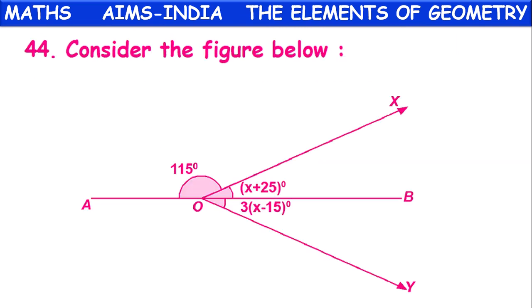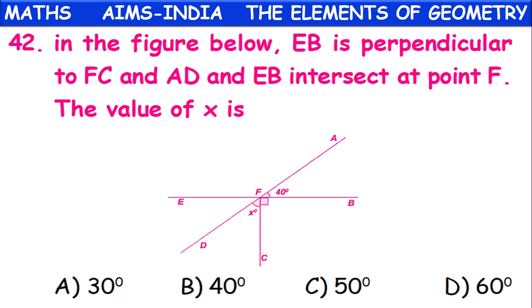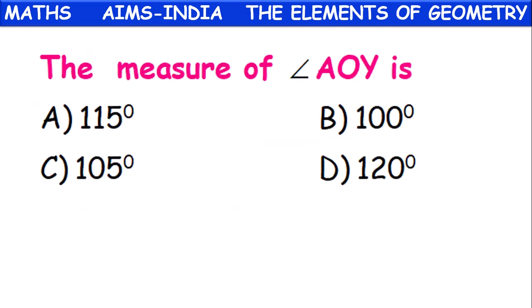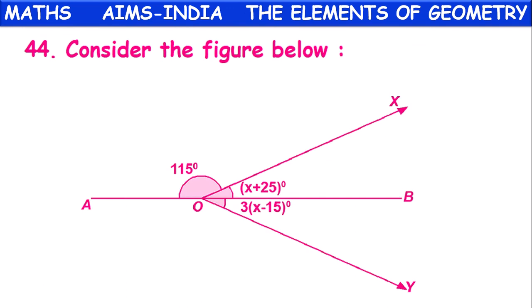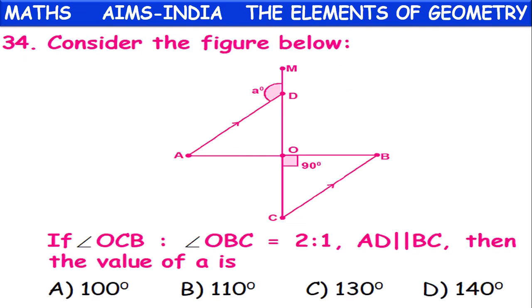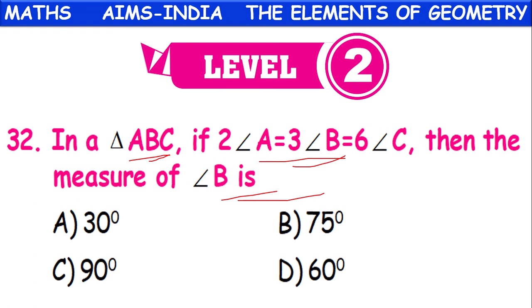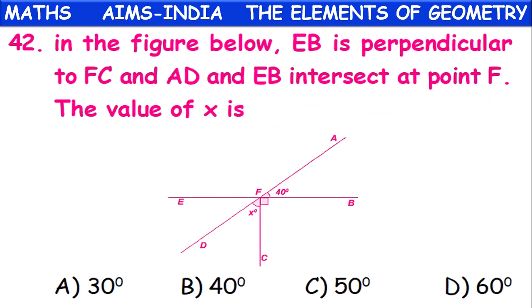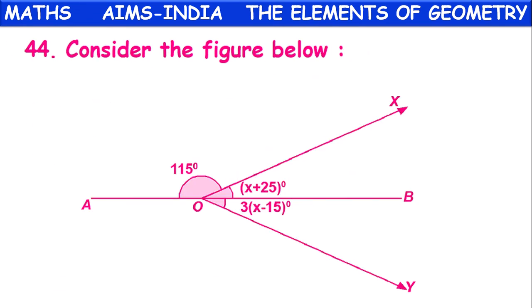Okay, children. Actually, some of these questions are related to lines and angles. So whatever remaining questions there are, after completion of the lines and angles topic, all these level 2 questions from 32 to 44, these pending questions we will discuss after the lines and angles chapter. Okay, children.